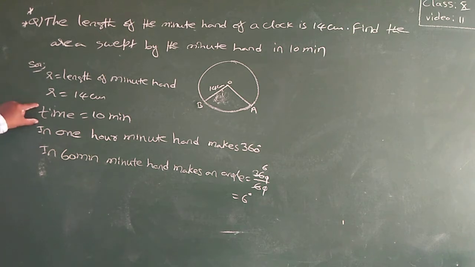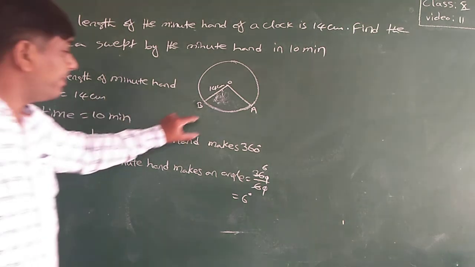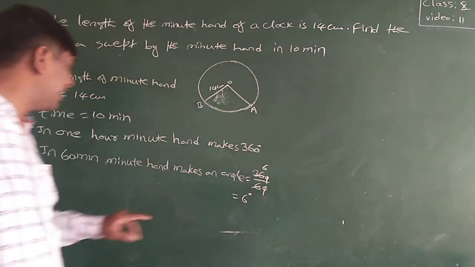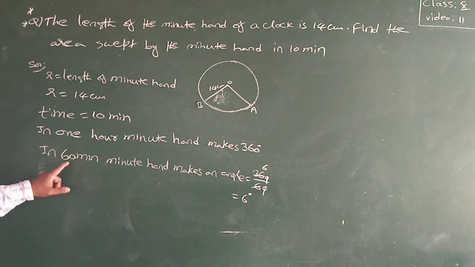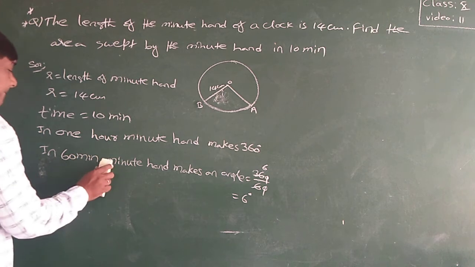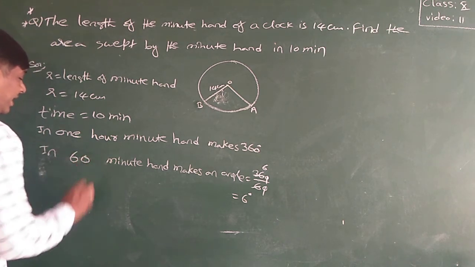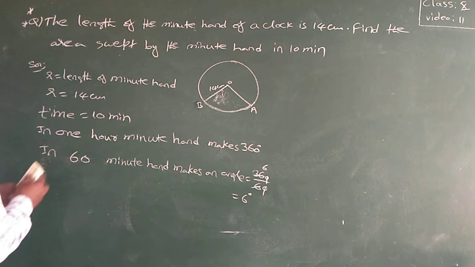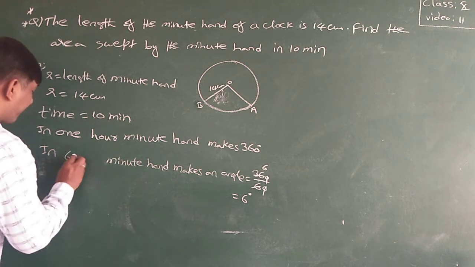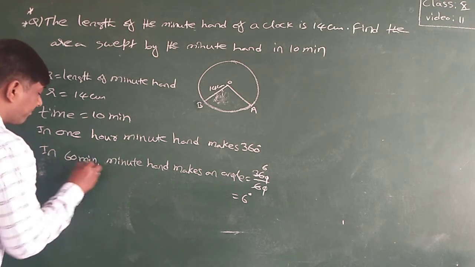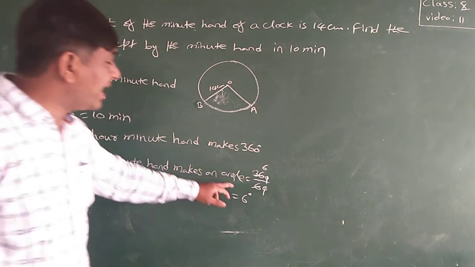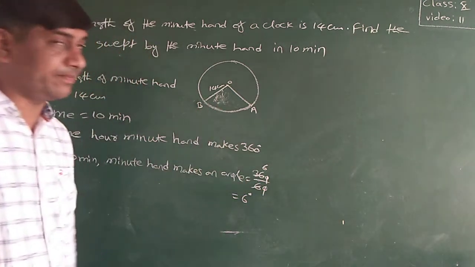So time is equal to 10 minutes again. In 1 hour the minute hand makes a 360 degree angle. 1 hour is nothing but 60 minutes. In 60 minutes the minute hand makes an angle equal to 360 by 60.